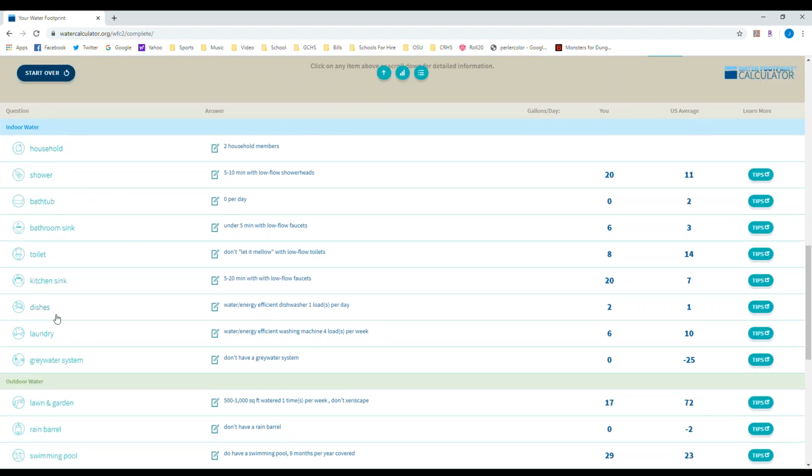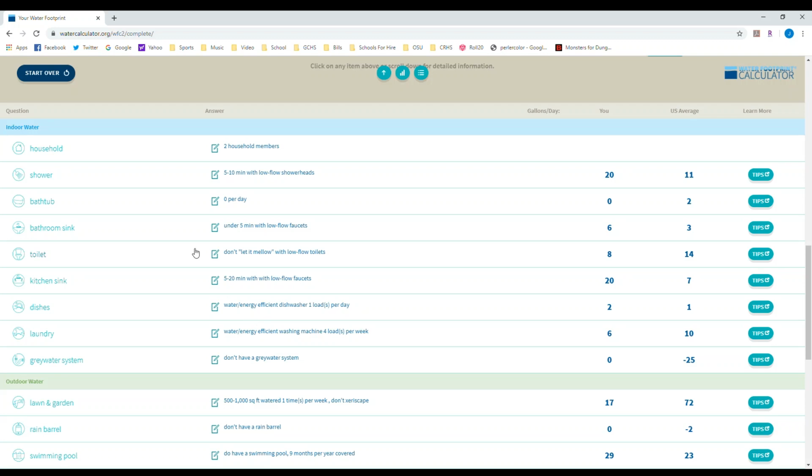For each section, they have different prompts where you gave responses, okay? For example, it asked you how long you take showers for. It asked you about bathing. It asked you about using the bathroom sink. It asked you about the toilet, all these different kinds of questions. Whatever answers you put for those questions are going to wind up in this column here.